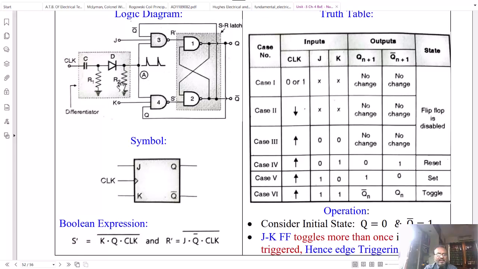Negative voltages are not to be applied to our logic circuit, so we add a diode which rectifies this, and the output consists only of positive spikes. These positive spikes can be used as a clock. And thus, we have converted a basic SR flip-flop to a JK flip-flop with clock edge triggering.